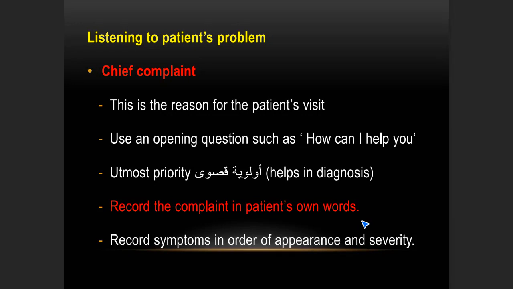Otherwise, whatever the patient says, for example, the patient comes and tells you he has pain in this side. He will never tell you upper jaw, lower jaw, right or back. He will just point a finger. So in those cases, you cannot just write patient complains of pain in this area. You have to see which area he's showing and then write that area down in the patient's own words. Hope I'm clear to everyone.